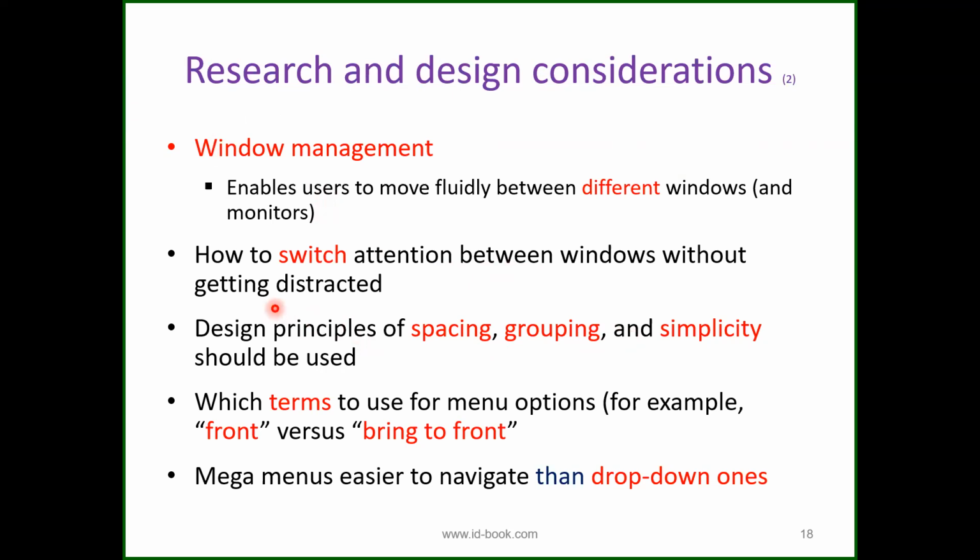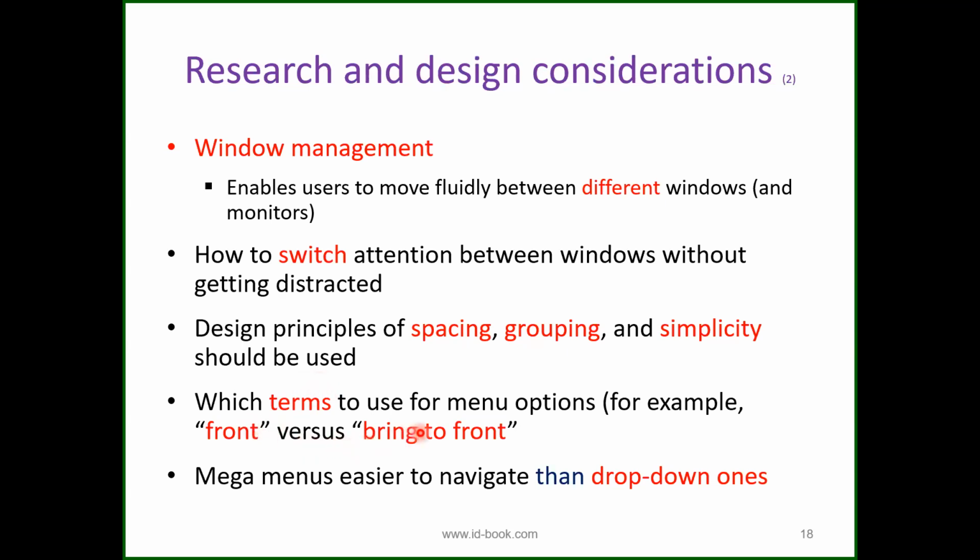For example, if I'm working with 2 or 5 windows at the same time, then navigation from one window to another should not be distracting. It should be easy and smooth. The design principles of spacing, grouping, and simplicity should be used. The windows should be grouped together, with proper spacing and simplicity.